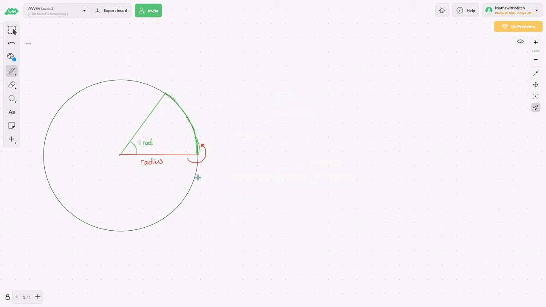Another thing we can also consider is that the circumference of a circle is 2 pi r. And we know that, we've proved that before. But as a result of that, knowing that 1 radian in terms of its arc length here is r, the radius, we can say how many times does that go into a full circle?